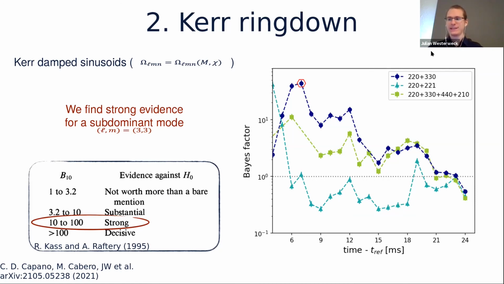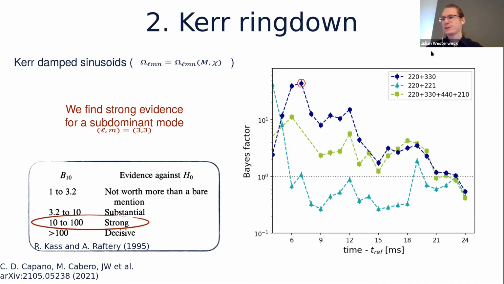And then we can select the preferred model through this. On the left, you can see a table suggesting the interpretation of values of this Bayes factor, saying that in a range of 10 to 100, this should be considered strong evidence for one model versus the other.